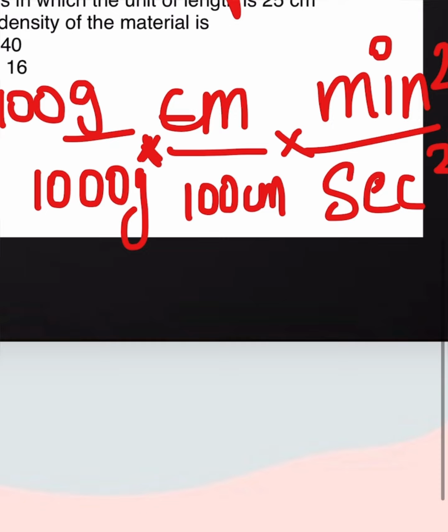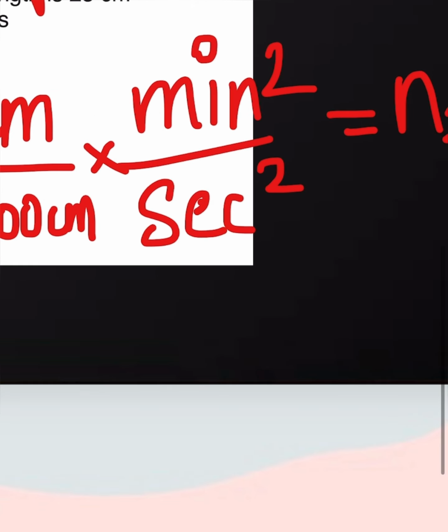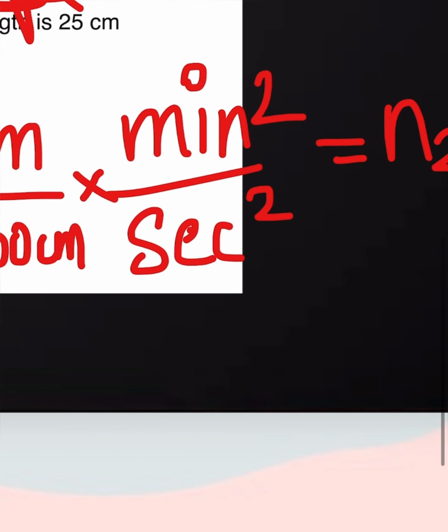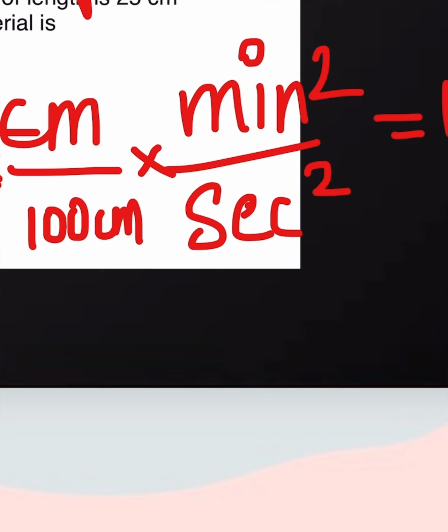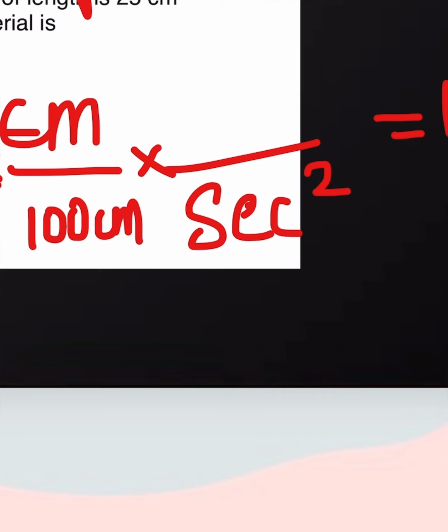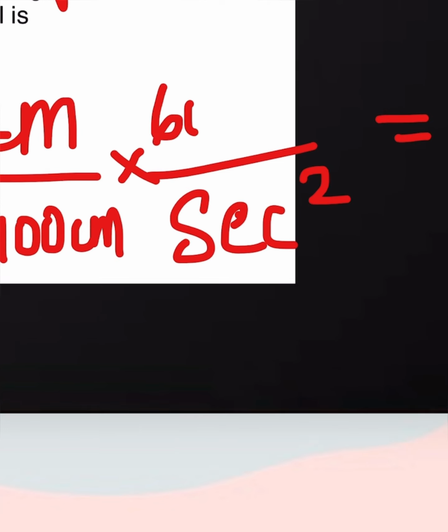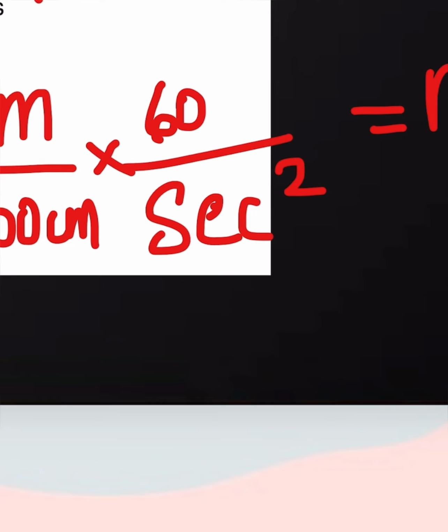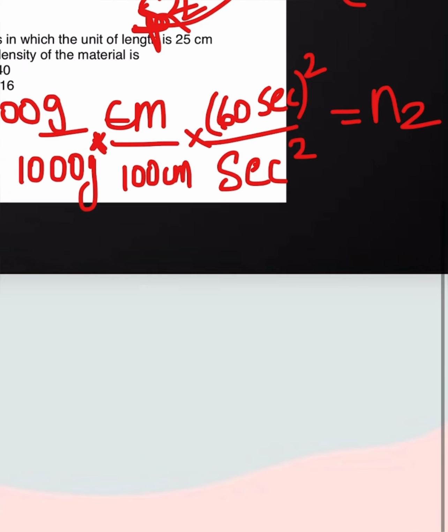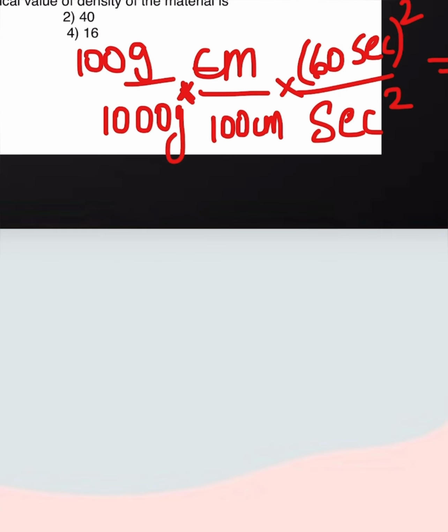We can replace this minute square as 60 second whole square, that is 60 into 60. 100 cancels 100, gram cancels gram, centimeter cancels centimeter.